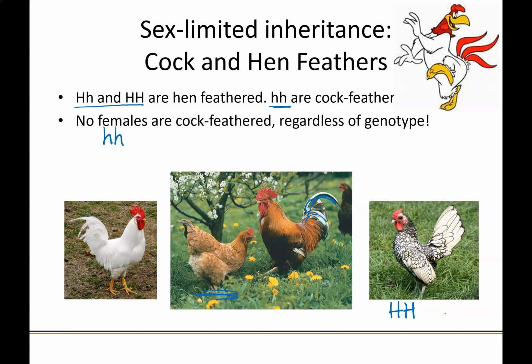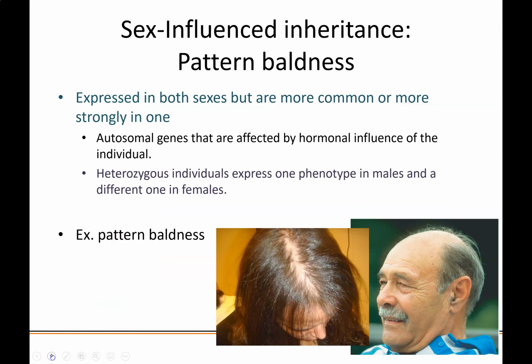Over here, we've got a leghorn rooster, like Foghorn Leghorn up there on the left. Again, these guys are always going to be homozygous recessive, but the females still show hen feathering. So here we have the sexual dimorphism no matter what the genotype is. So we are limiting our traits to one sex or the other.